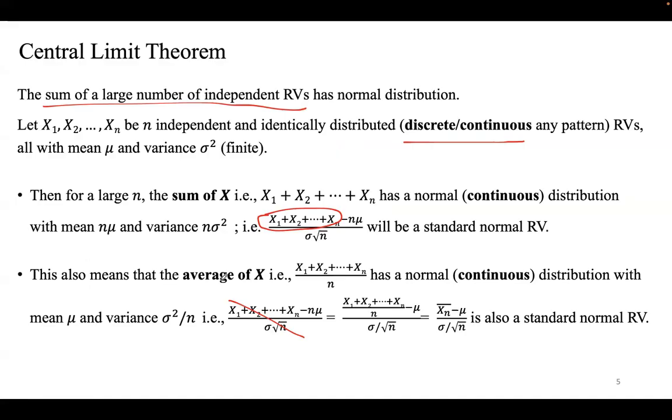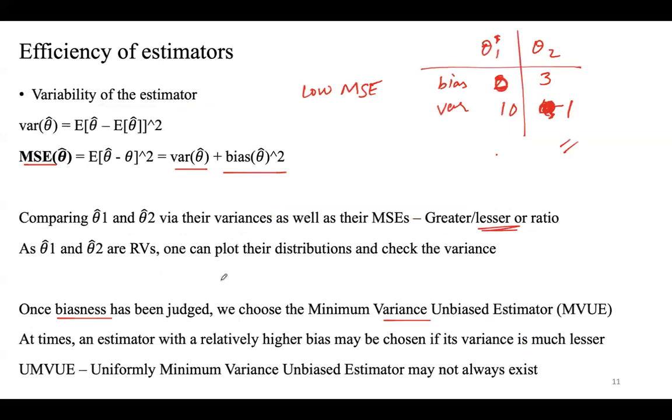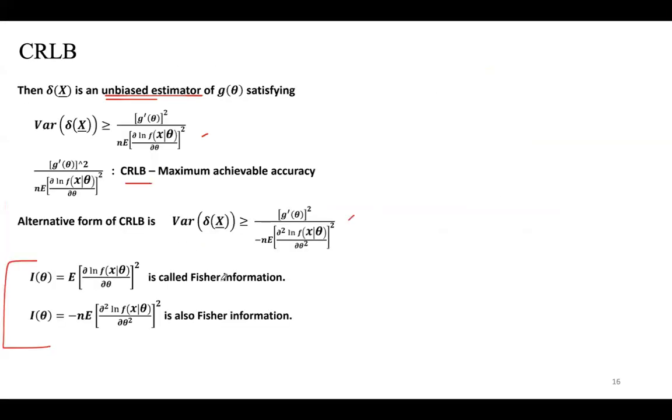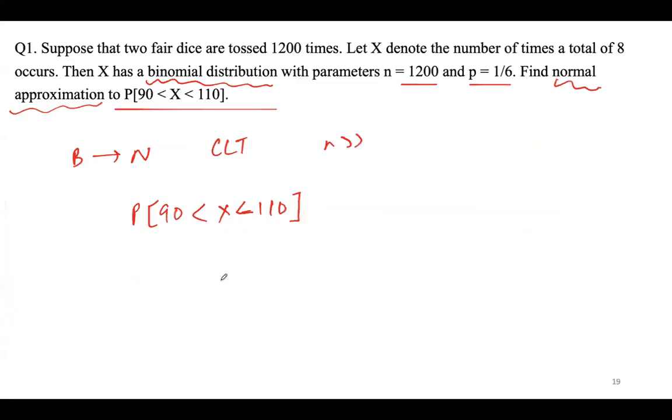When you take a sum, it's going to be much higher. If your random variables are between 1 and 10, the average stays between 1 and 10, but the sum increases to 20, 30, 40. So for the question given here, you would be using the average.